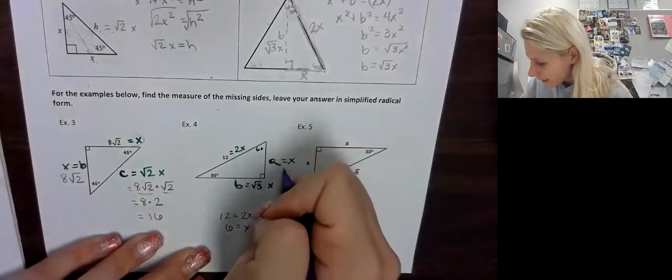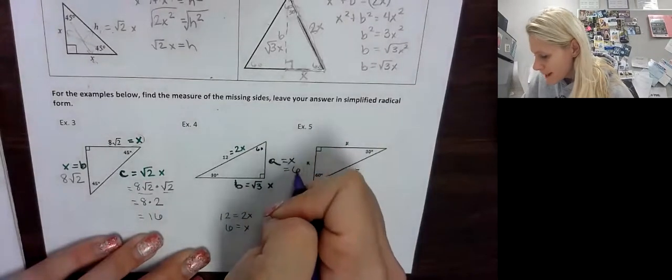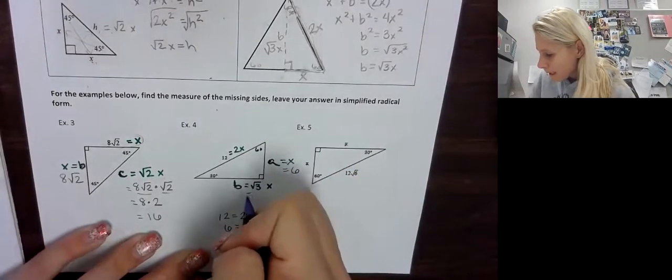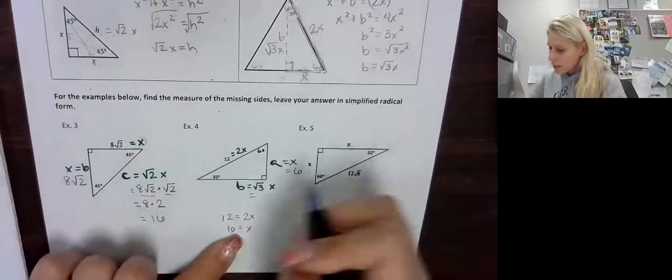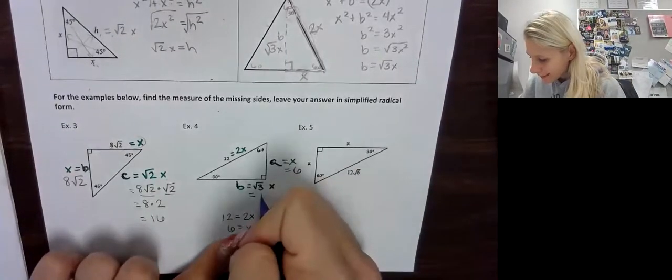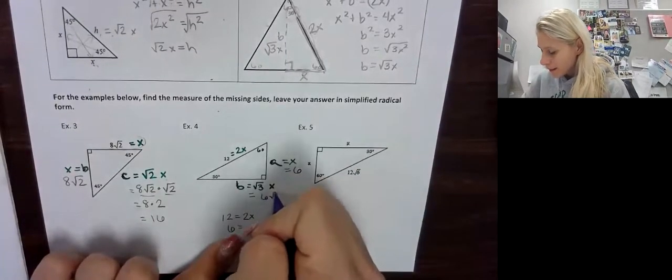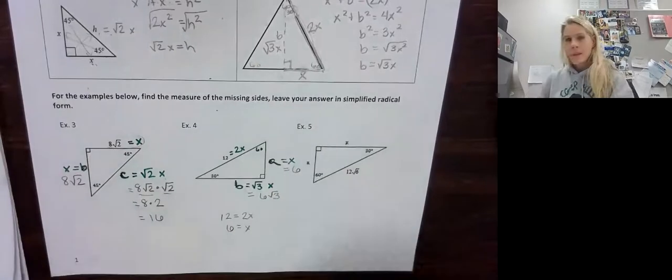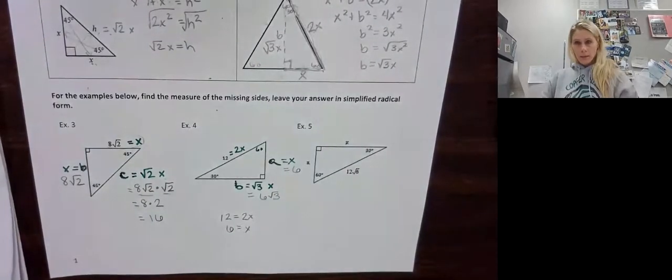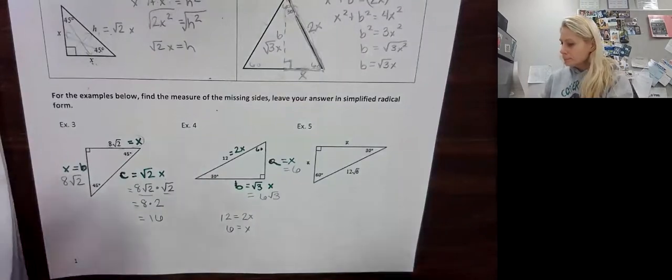That means a equals 6. B equals, and I'm going to put the 6 in front because that's on the outside, 6 square root of 3. And we're done. That was more of an easy one to do when it comes to the 30, 60, 90. So let's see if this next example gives us a little trick, okay?